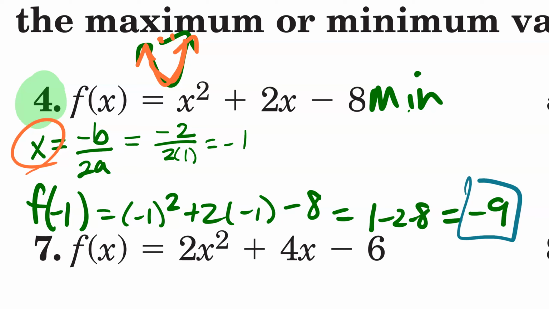Did we find it should be a min or max? Max, right, because there's a negative coefficient in front of it. So it's going to have a maximum value, and then you just have to find the vertex, right? Because the y of your vertex will be your maximum.